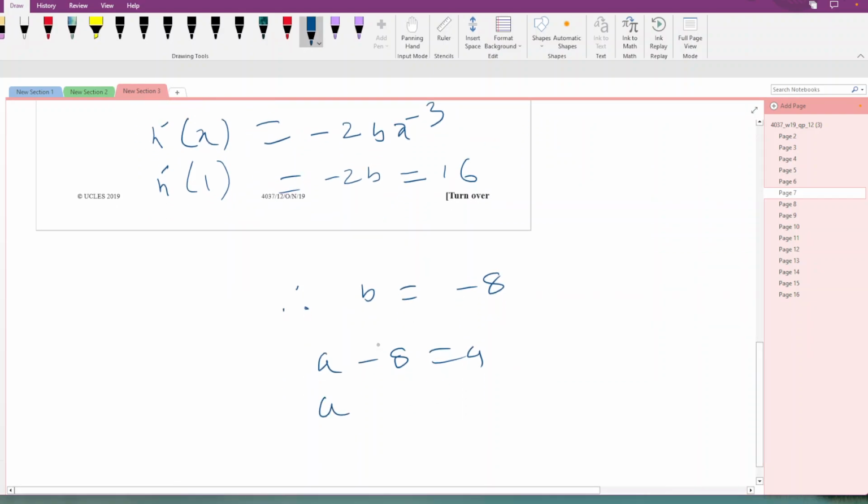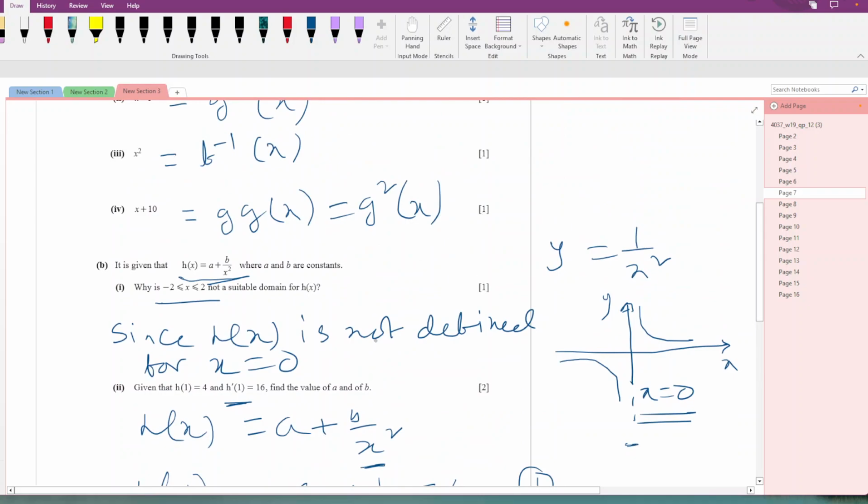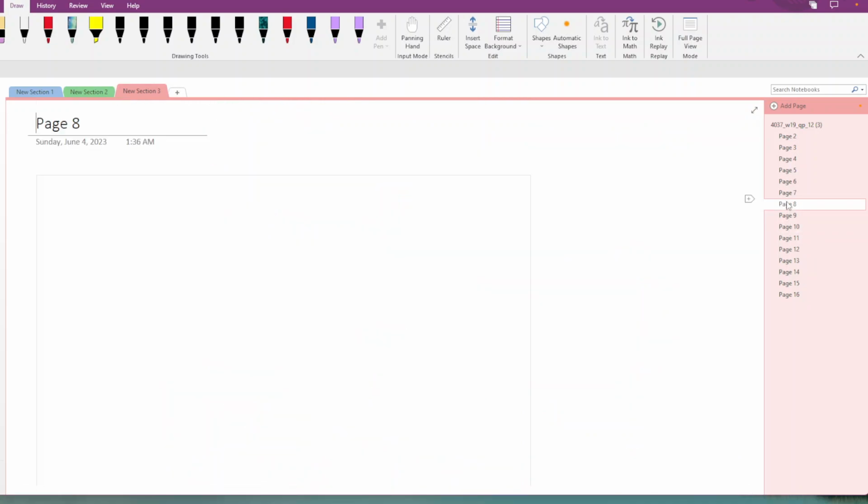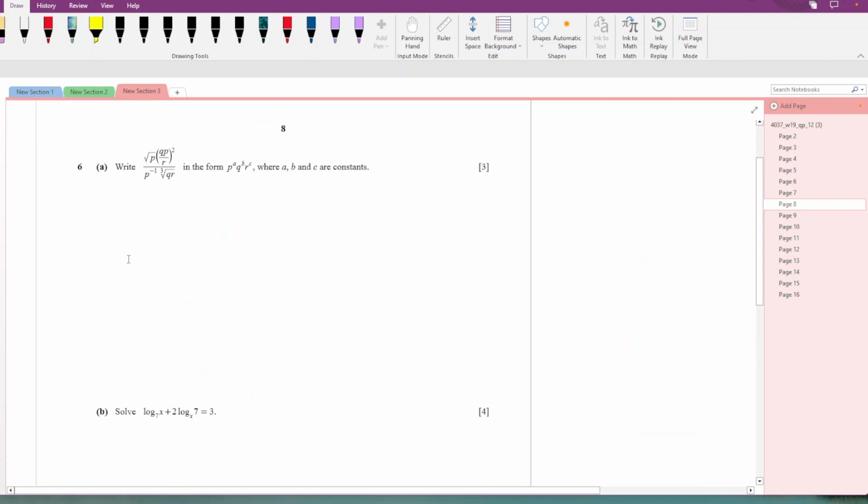Therefore a equals to 4 plus 8, a equals to 12, and this is done. Now I am at question 6.